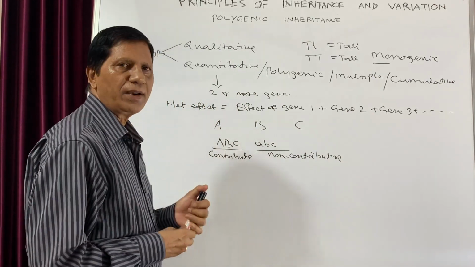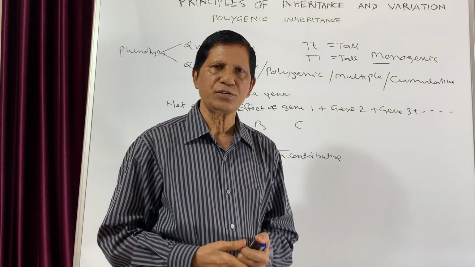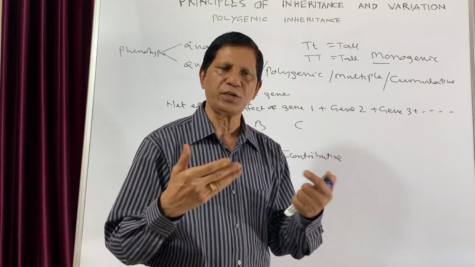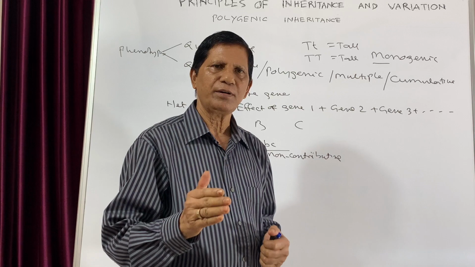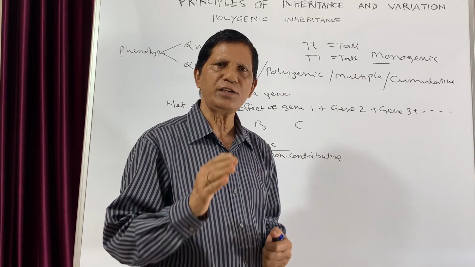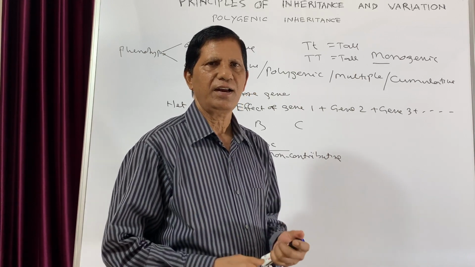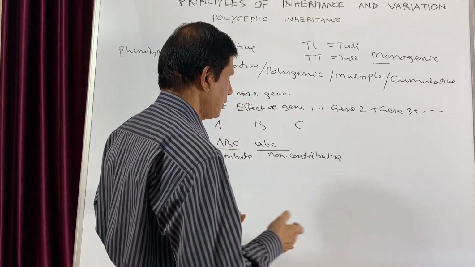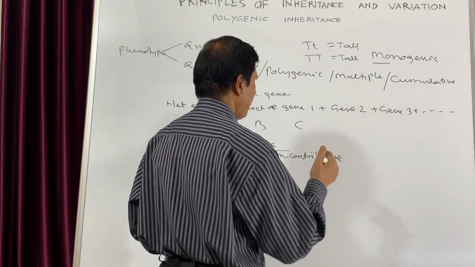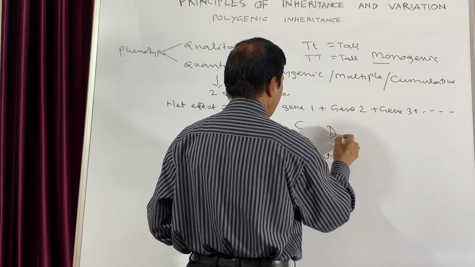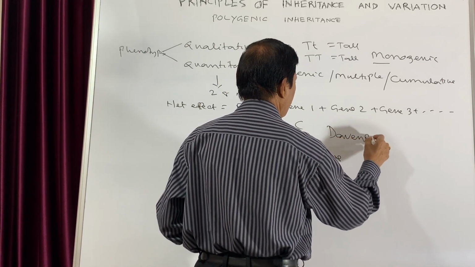Let us take one example of this polygenic inheritance so that our understanding will be still clearer. The best example for polygenic inheritance is human skin color. Human skin color was first studied by the Davenport brothers.